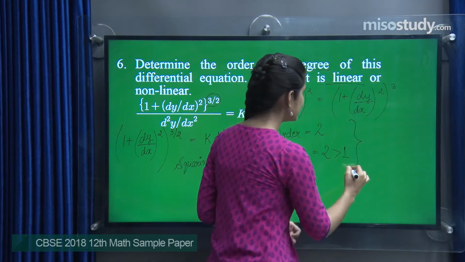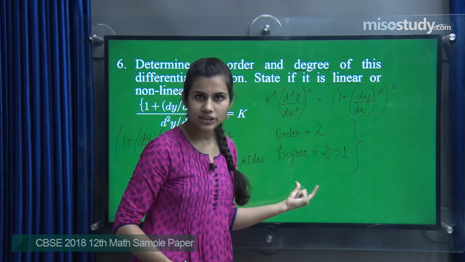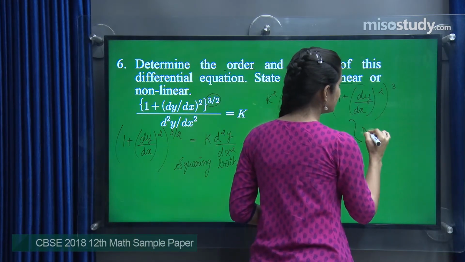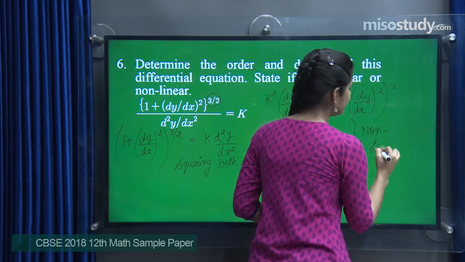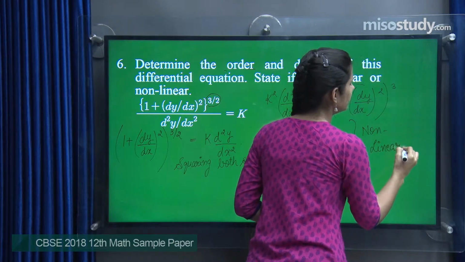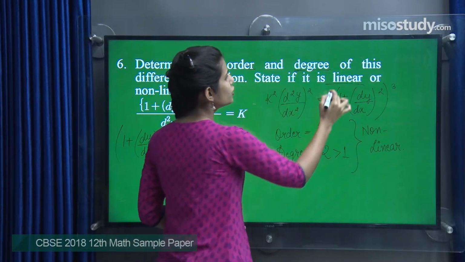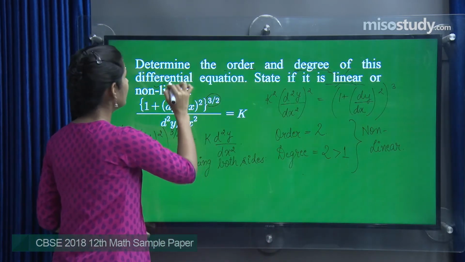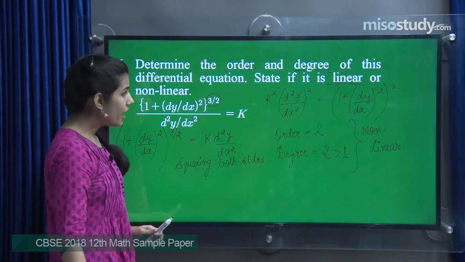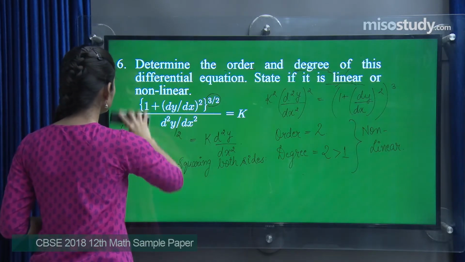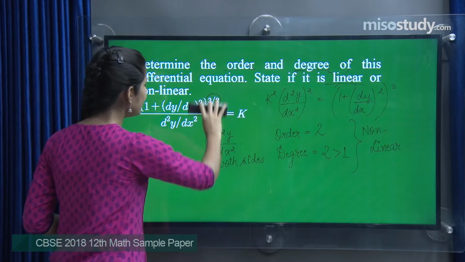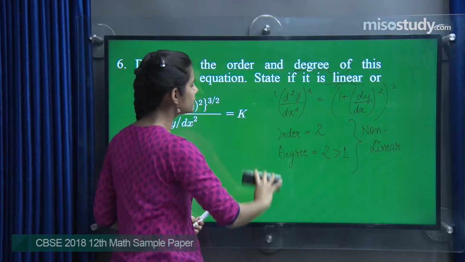That means it is a second order, second degree differential equation, and that is why it is definitely non-linear. So we had to state if it is linear or not, so it is non-linear.